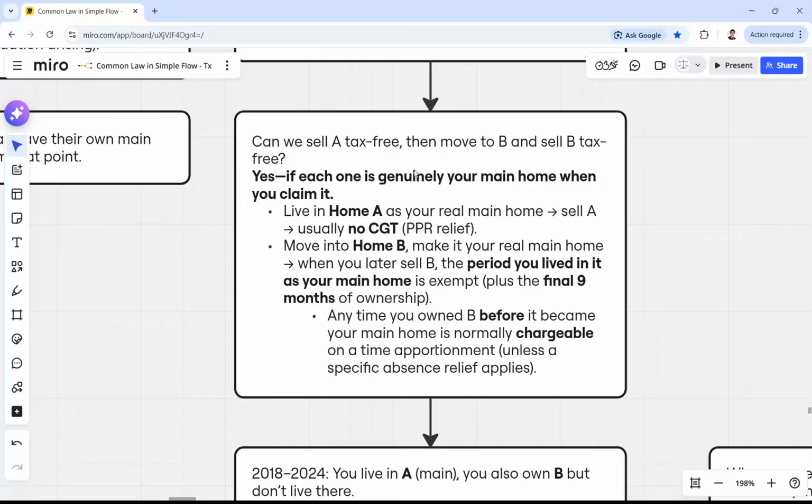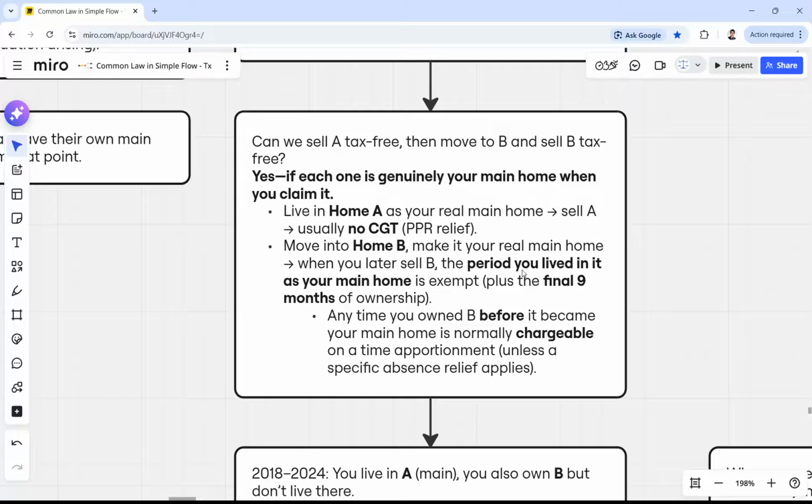Can we sell A tax-free, then move to B and sell B tax-free? Yes, if each one is genuinely your main home when you claim it. Live in home A as your real main home, sell A, usually no capital gains tax, the PPR relief, then move into home B, make it your real main home.